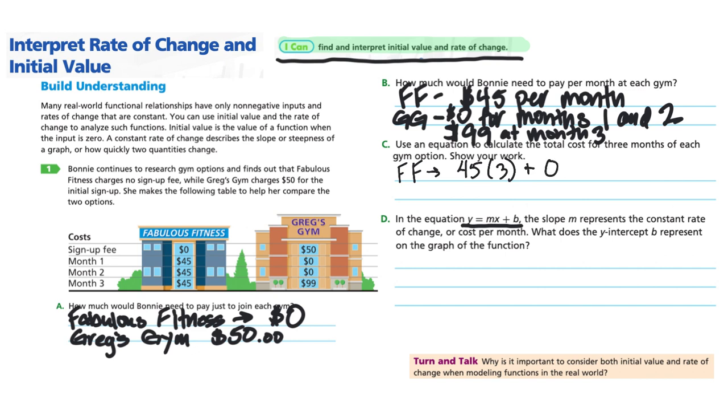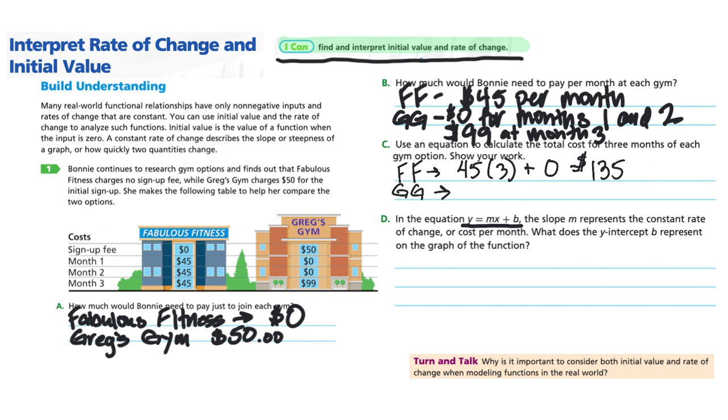So that would be your equation, and then it equals 45 times 3 is 135 for Fabulous Fitness. That would be her cost for the 3 months.